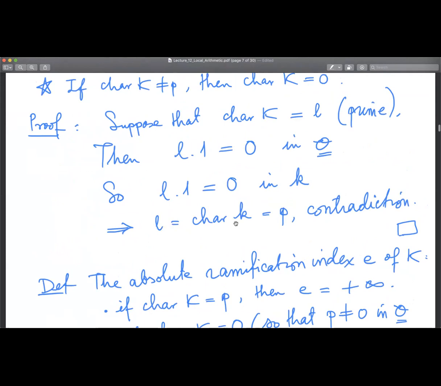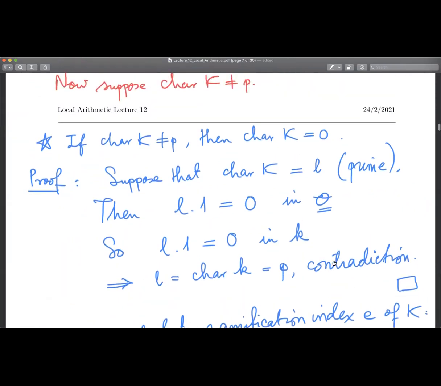So l will turn out to be equal to the characteristic of little k, which is P by definition. So l will have to be equal to P. And that's a contradiction because we are taking a field of characteristic different from P. So the only way out is for K to have characteristic 0.